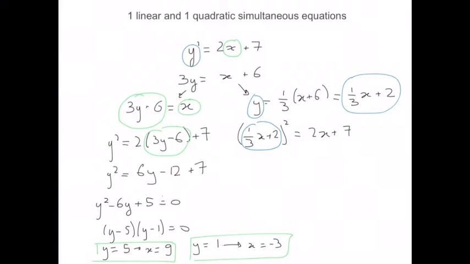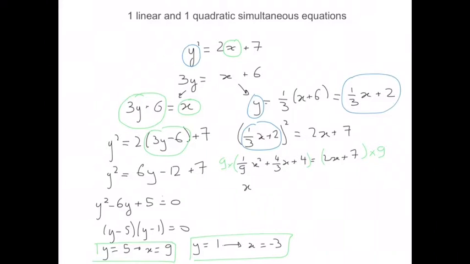If we expand the square on the left-hand side, we get a ninth of x squared plus 4/3 of x plus 4 is equal to 2x plus 7. To make things slightly easier for us, let's multiply by 9 on both sides to get rid of the denominator. So keep in mind that here the whole left-hand side needs to be multiplied by 9, and same thing on the right-hand side.